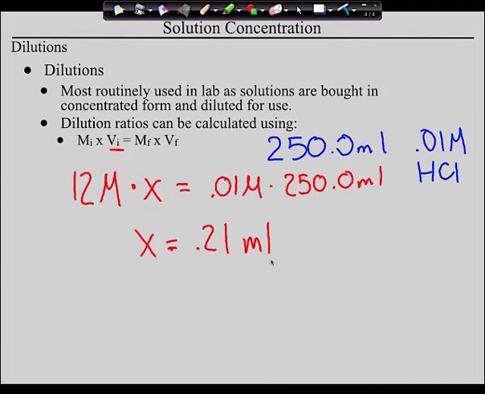So let's turn this into a procedure. Are we on step 3? Partially fill the flask with distilled water. Then guys, step 4, carefully add 0.21 milliliters of concentrated HCl.